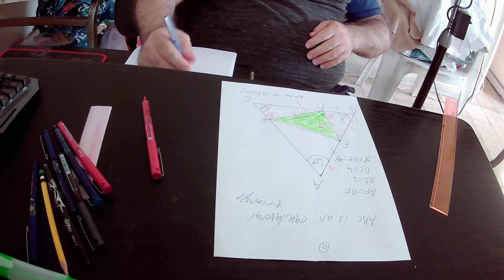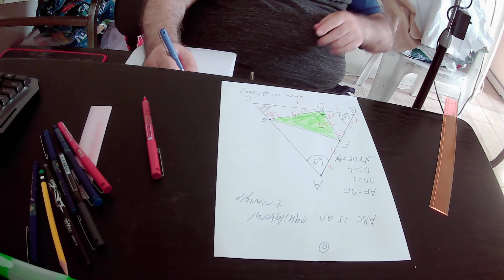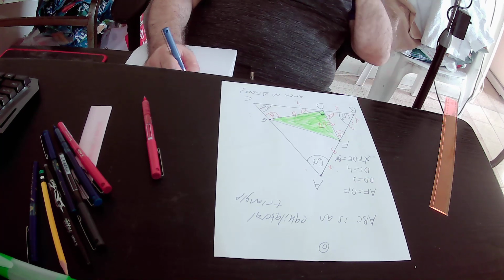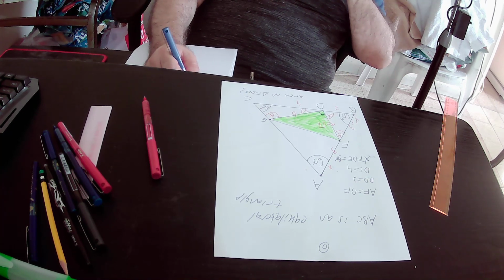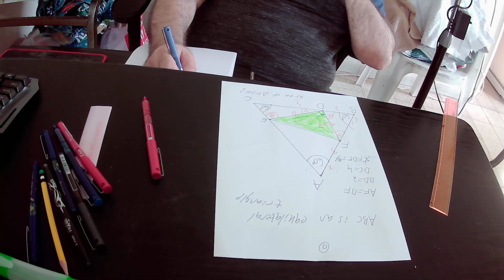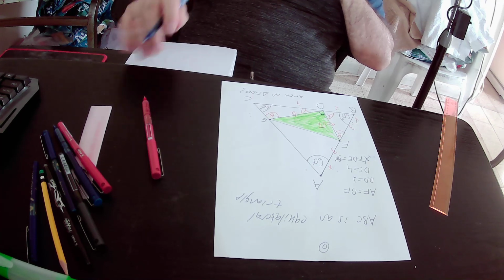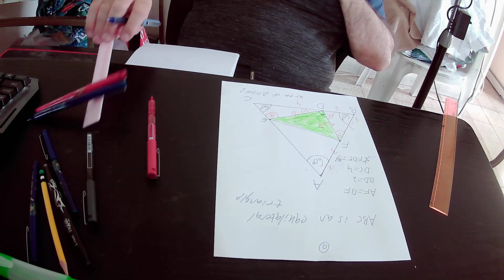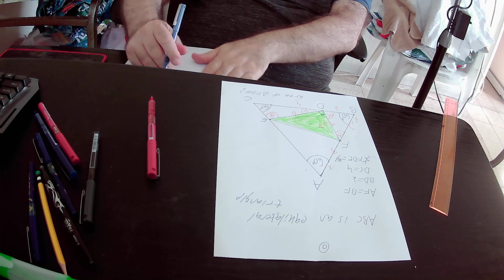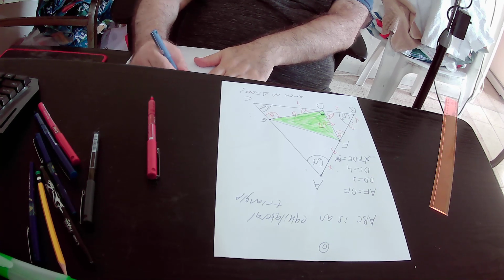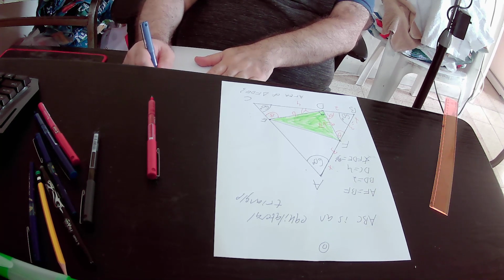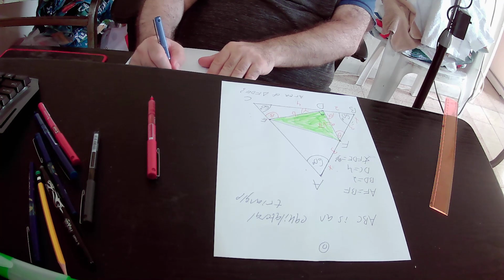Okay, so in triangle BFD, the sum of its angles equals 180 degrees. That will be our first equation.